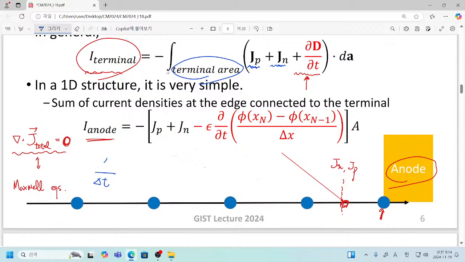1 over delta t, and evaluate your displacement at the present time point, minus another one corresponding to your past time point.